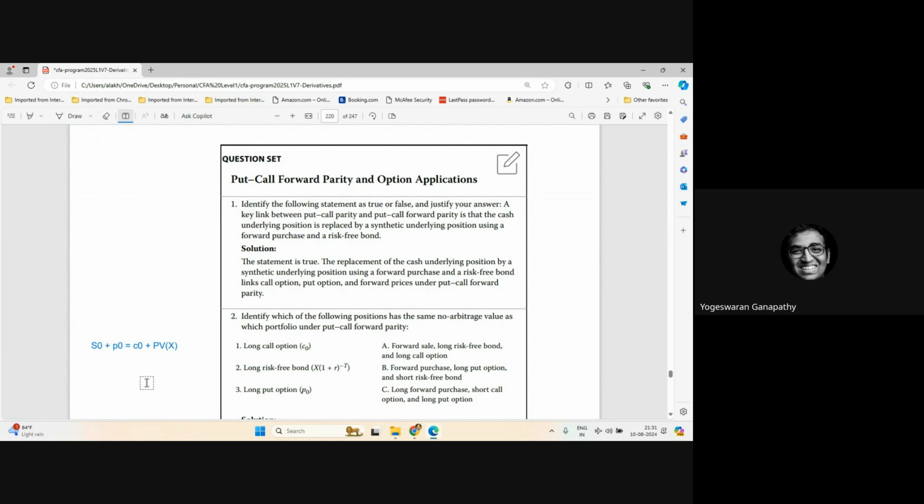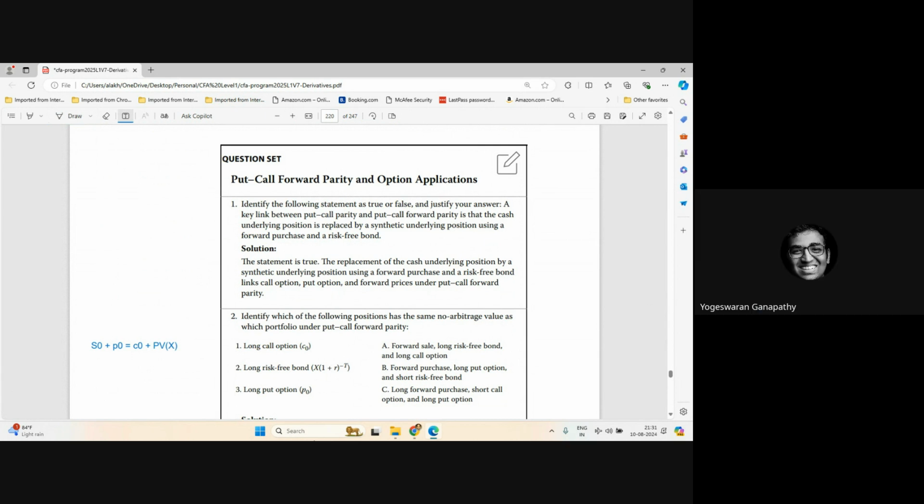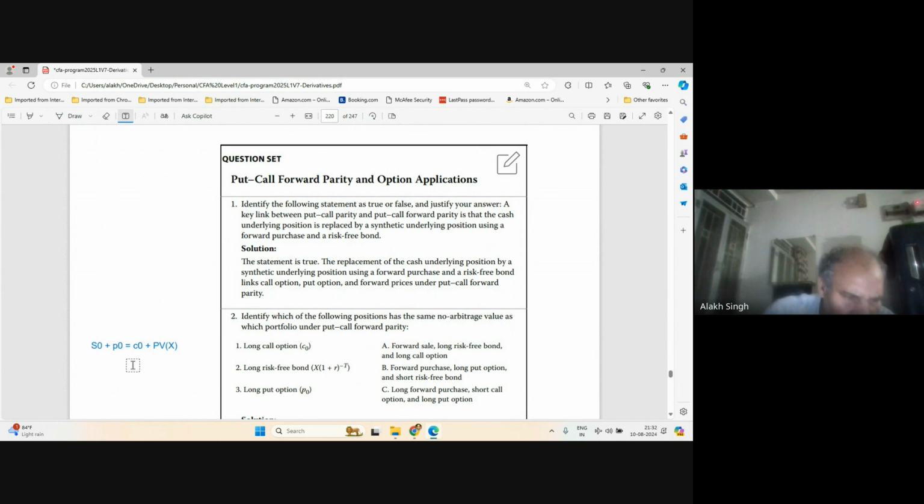Long call option, that would be C0. So S0 plus P0 minus PV of X, that would be forward sale. Let me write it here.